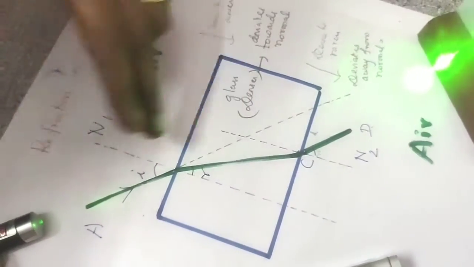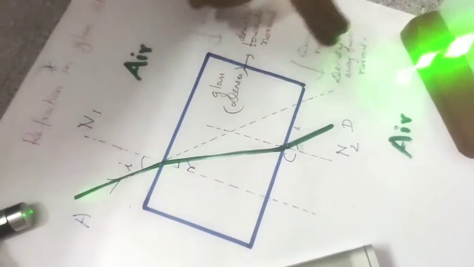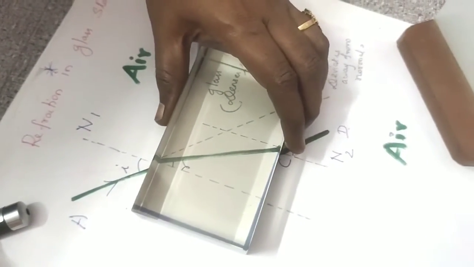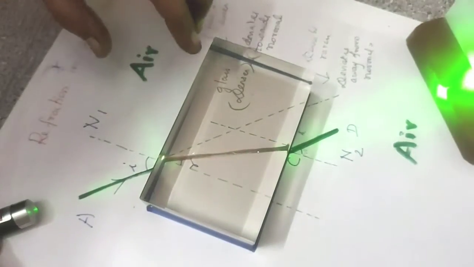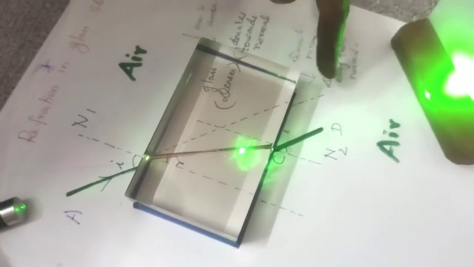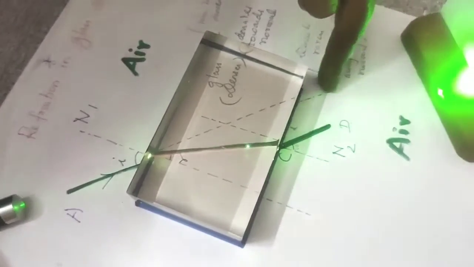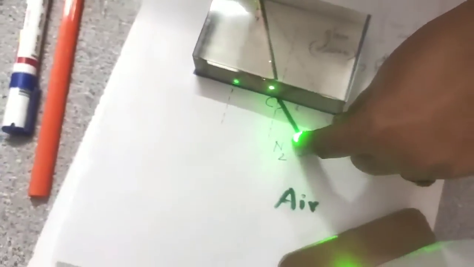There is only the air medium, so no refraction takes place. But if you place a slab here, instead of the straight line path it gets deviated, and that gives the lateral displacement. This much is the lateral displacement, L.